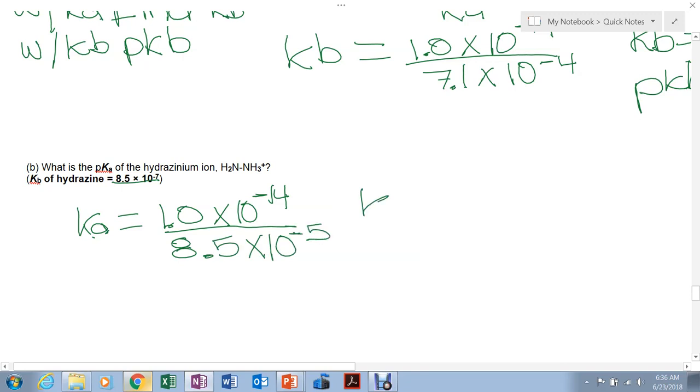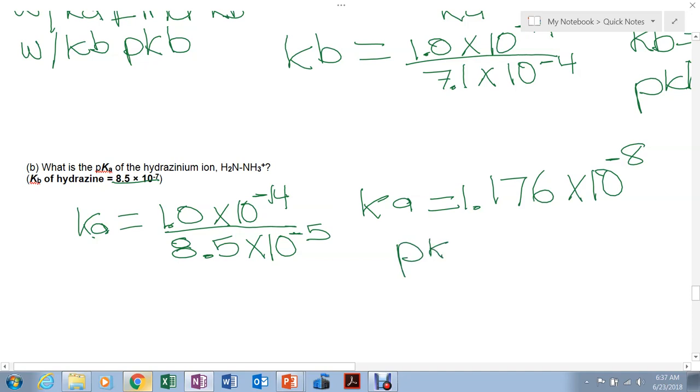So Ka would be 1.176 times 10 to the negative 8. And that's a Ka. pKa would be equal to the minus log of this.